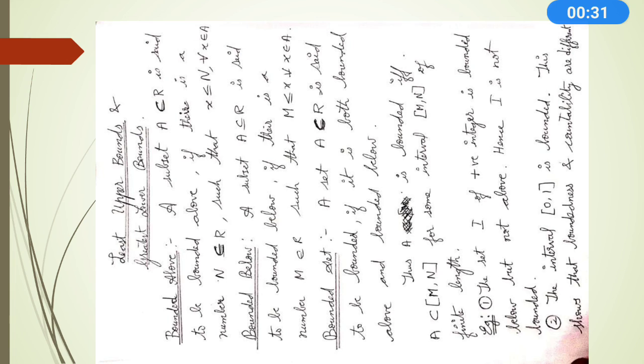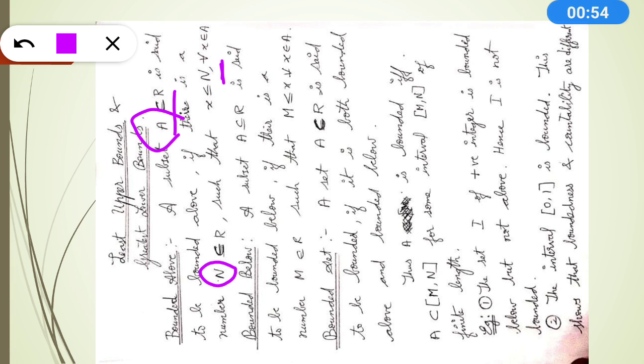A set A contained in R is said to be bounded above if there is an element n belongs to R such that my set elements will be less than or equal to n. Okay, if there is an element n such that every element in my set is less than or equal to that n, then I can say the set is bounded above.